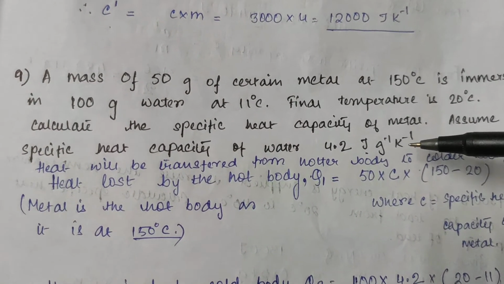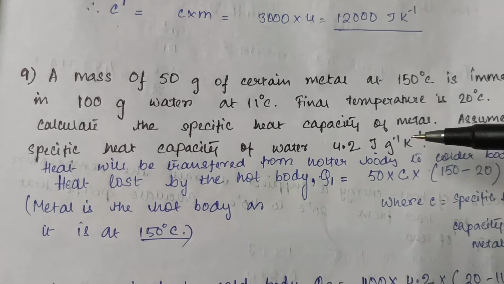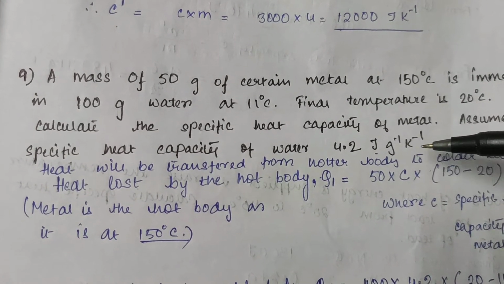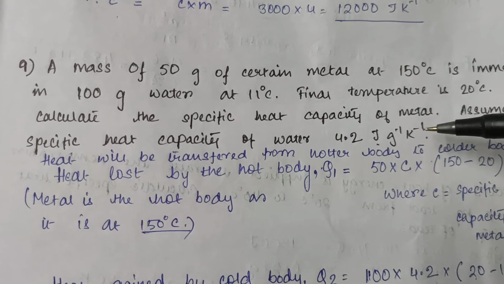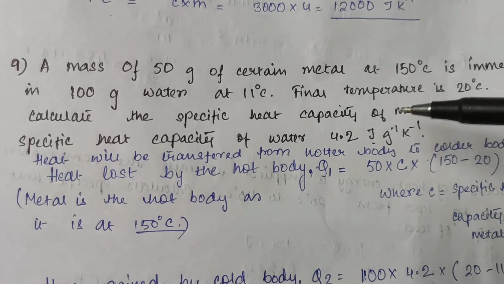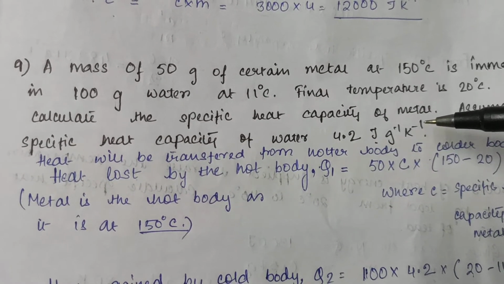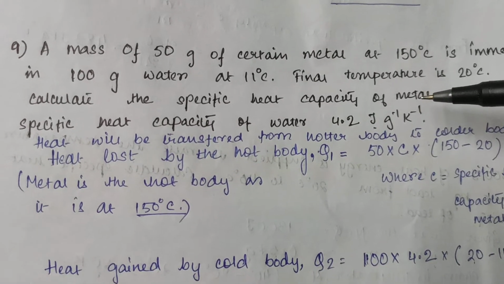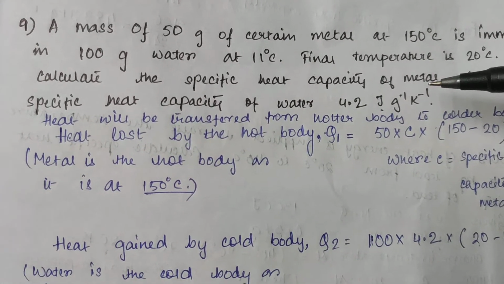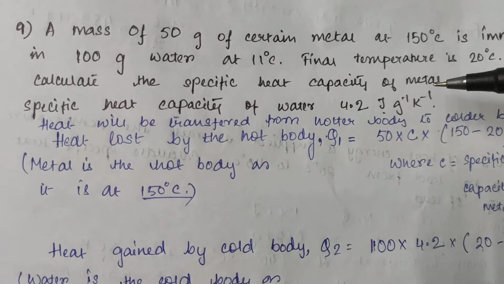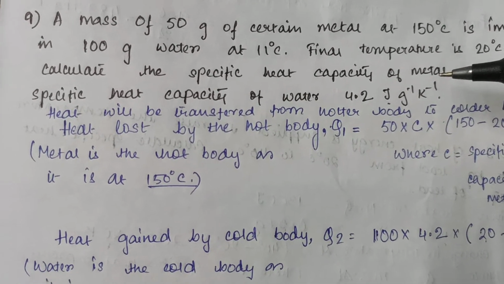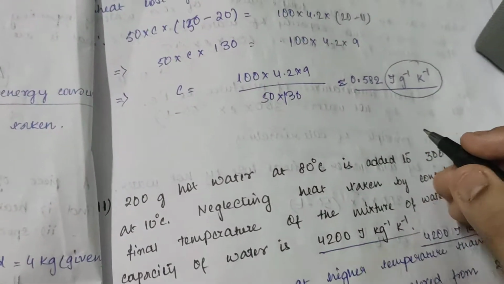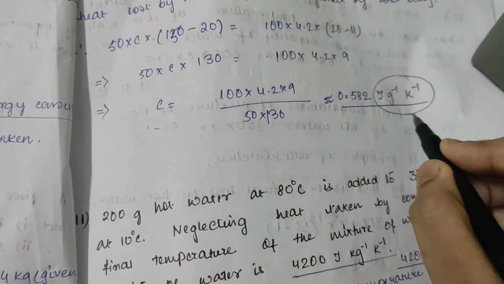So I decided that I won't convert it to joule per kg per Kelvin, but you can convert. That is also correct. So if you wanted to convert this to joule per kg per Kelvin, then whatever the answer is, it will come in joule per kg per Kelvin. Let's see how. You can convert from here also.